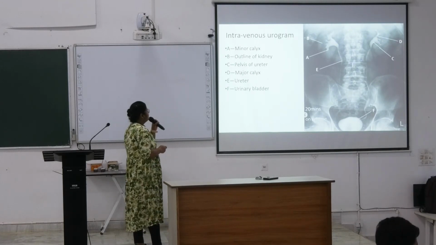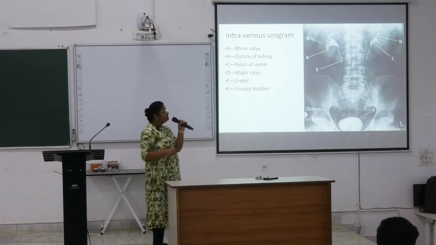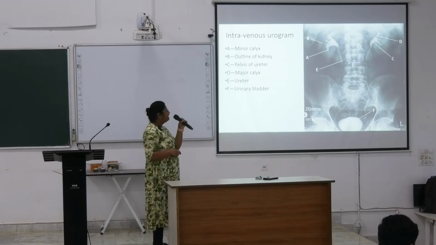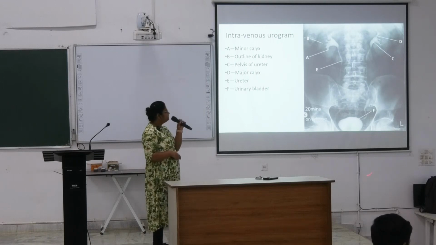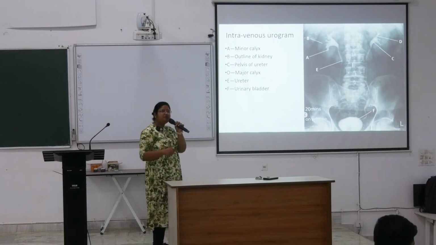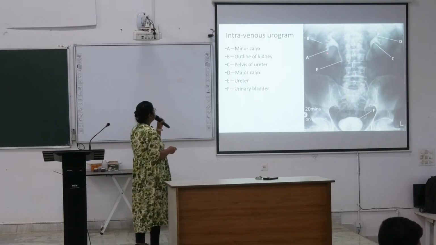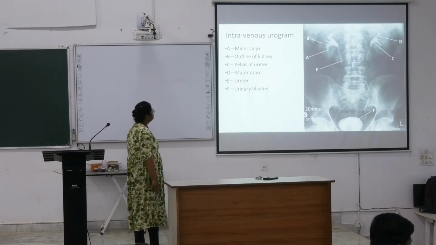And also there is antegrade. In antegrade, intravenous dye is pushed and it is drained by the kidney. The different parts of the kidney, major and minor calyces, ureter, urinary bladder and urethra will all be visualized. Okay, so here is the minor calyx, then major calyx, pelvis, ureter, urinary bladder.